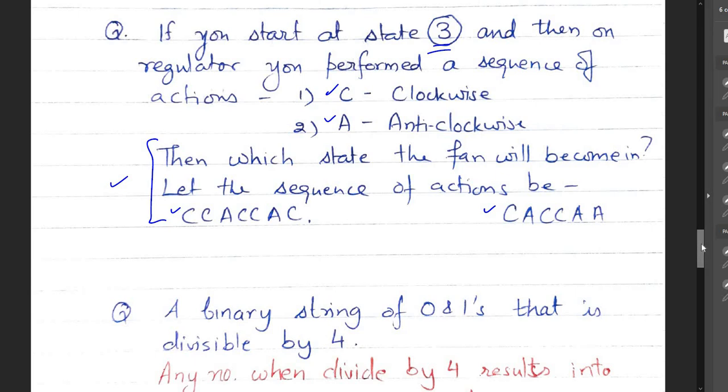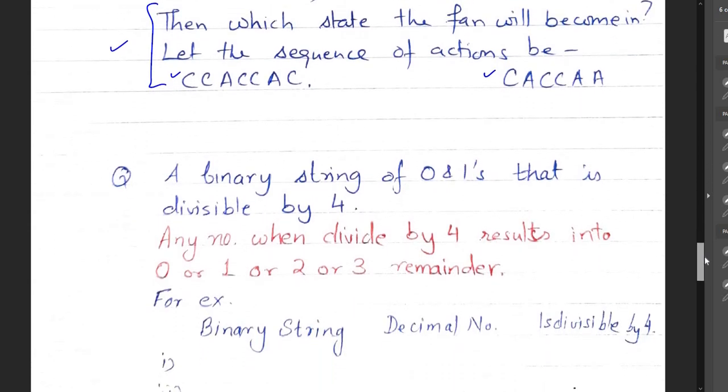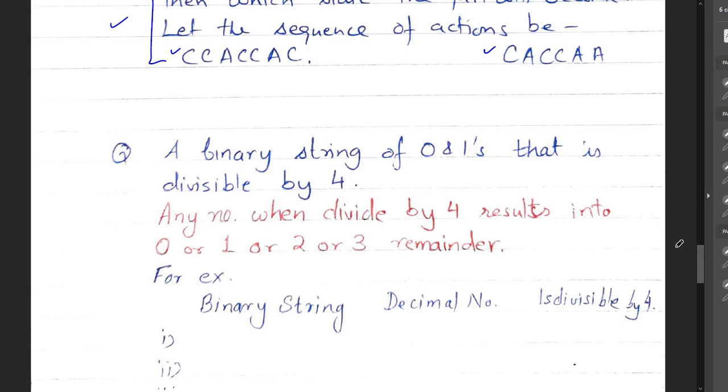Let's take another example. The example is of binary strings, made up of zeros and ones, and we want to know whether the binary string is divisible by 4 or not.